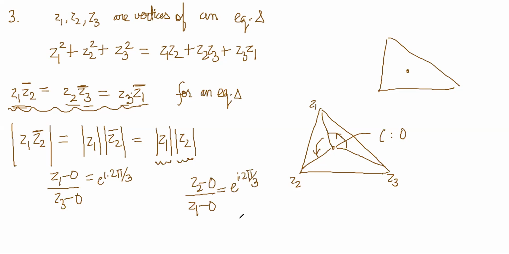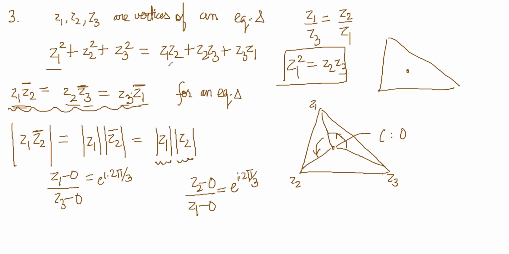So I will be able to write now Z1 by Z3 is equal to Z2 by Z1. So you get Z1 square is equal to Z2 Z3. Then you can prove this. Similarly, you will get another ratio: Z2 square is equal to Z3 Z1.